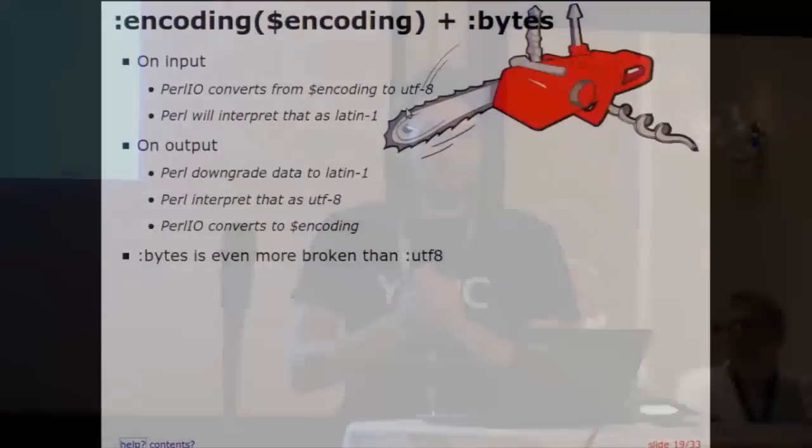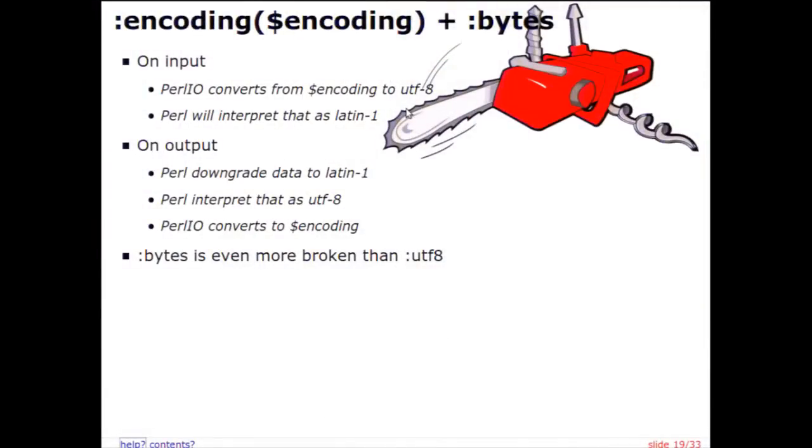Another fun one is encoding in bytes. Because like I said, encoding converts anything into UTF-8, and then it will claim this is UTF-8. However, if you add the bytes layer, you're saying, I'm promising this layer is returning Latin 1. So what happens on input is it gets converted and then interpreted as the wrong thing.